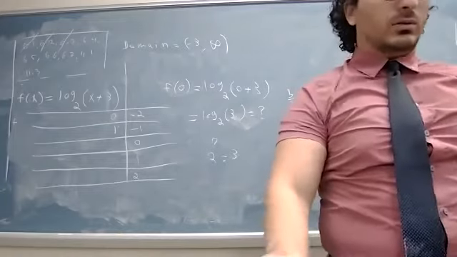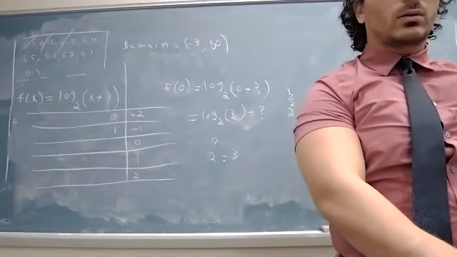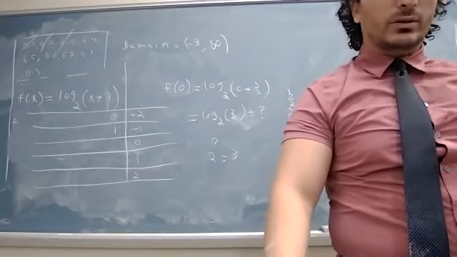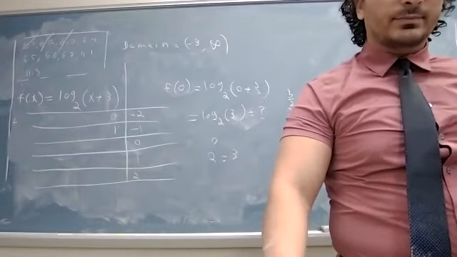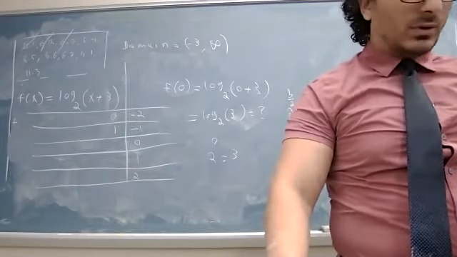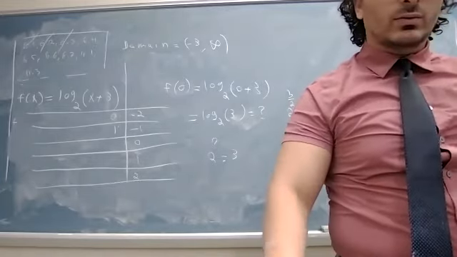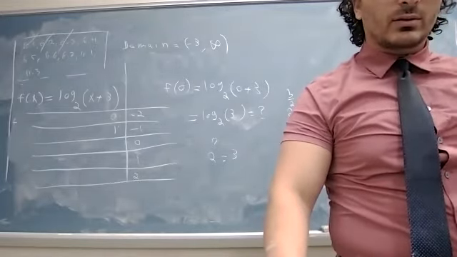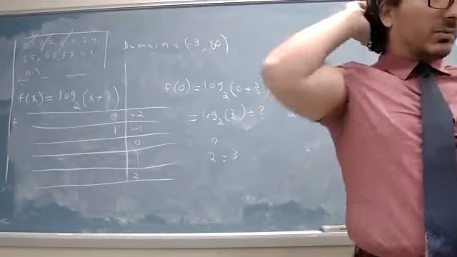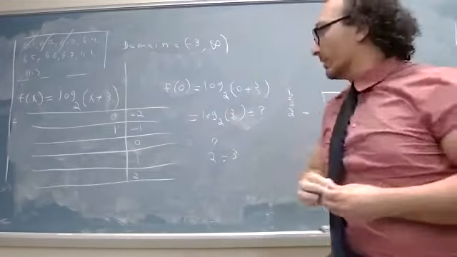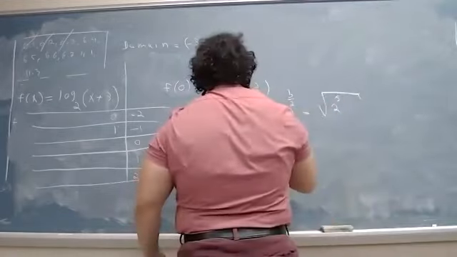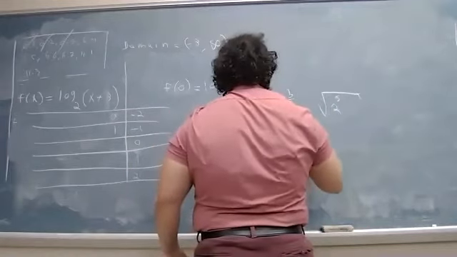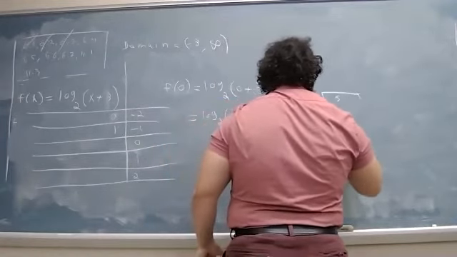Okay, let's try. Log base 2 of 3. So that's approximately the decimal 1.58. So that implies that the question mark is approximately 1.58.